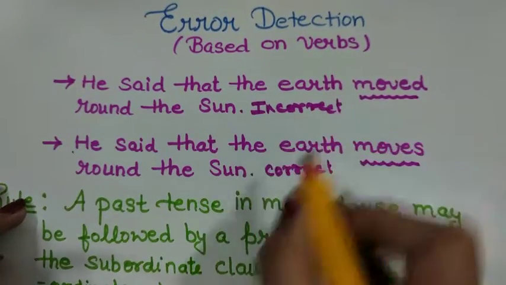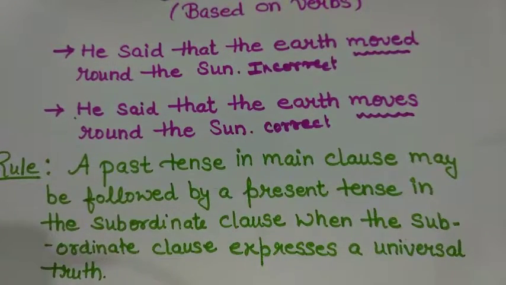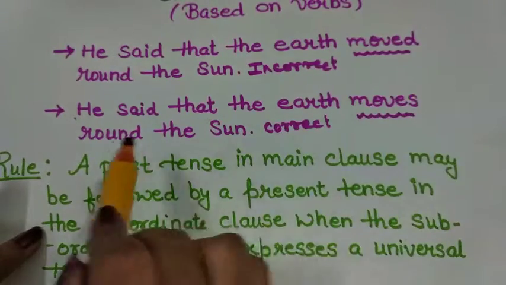Why? See guys, the rule says a past tense in the main clause may be followed by a present tense in the subordinate clause when the subordinate clause expresses a universal truth. Now, what is a universal truth? Those facts or truths that are known to everyone and which we cannot change on our own are called universal truths. Like we have said, the earth moves around the sun.